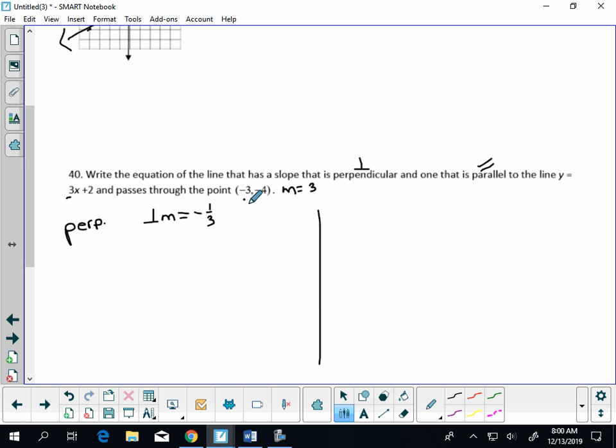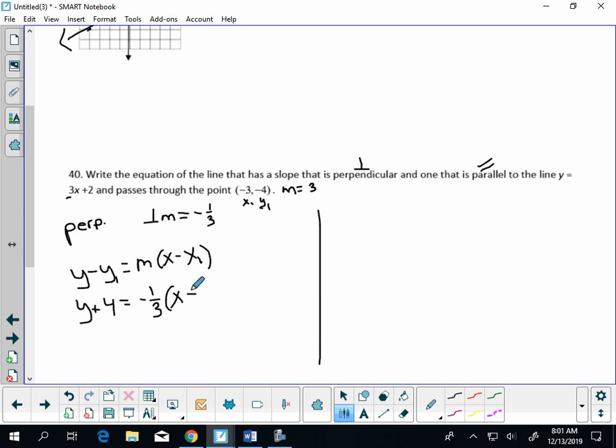And my point is given to me. So I copy down my formula. Y minus y1 equals m x minus x sub 1. My y coordinate is y plus 4 because it's y minus negative. My slope is -1/3.